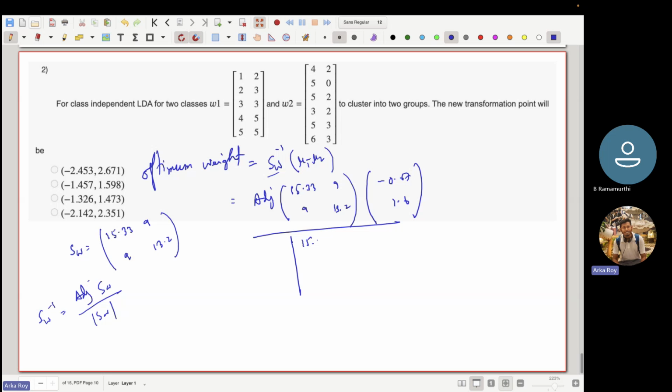So if you solve this, you will get the optimum weight.